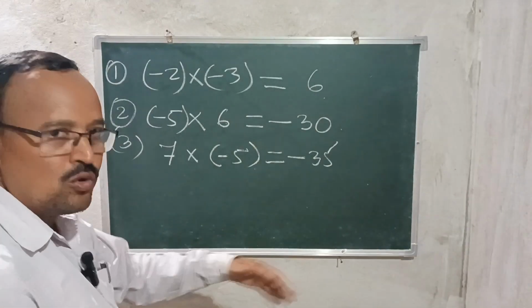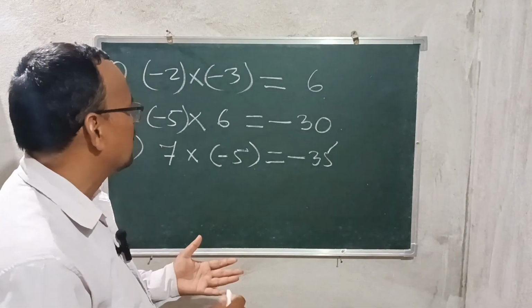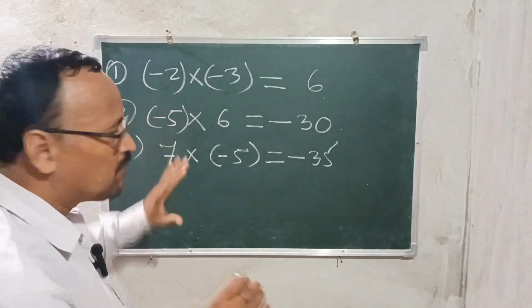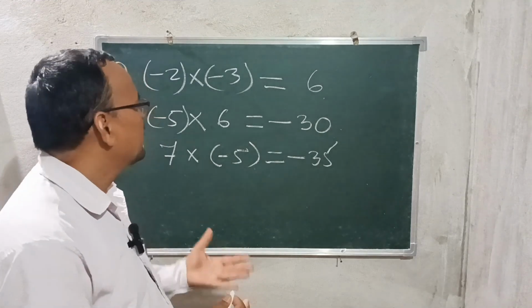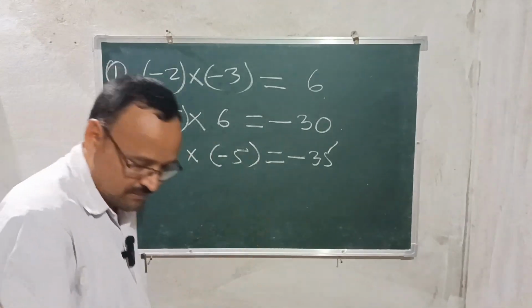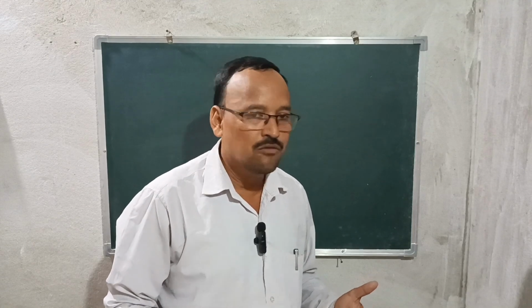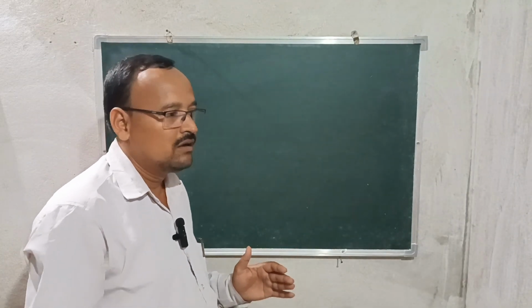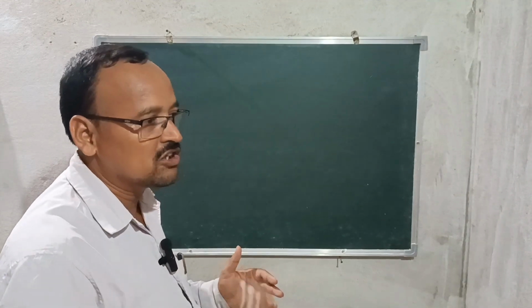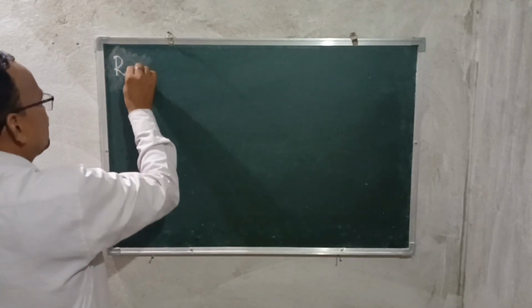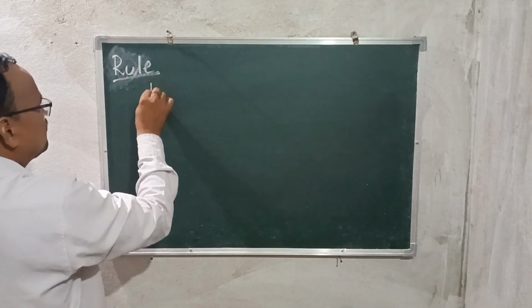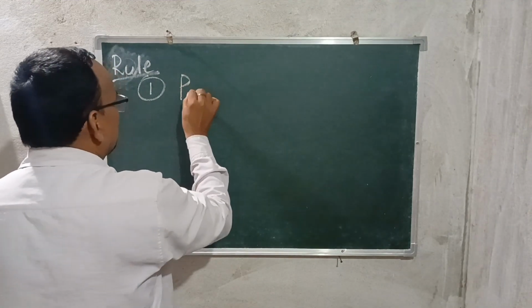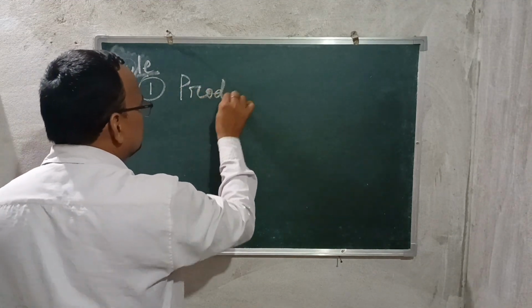So, the rules of multiplication. First we have to know the rules, then we get the product of two integers. Before that, in class 6, you might have learned about the product of two integers. Rule number 1: product of the sign.